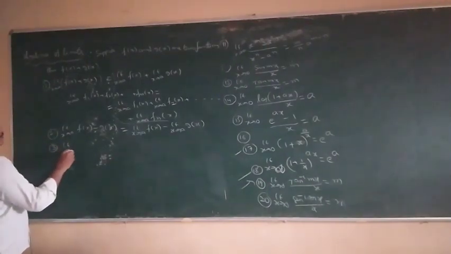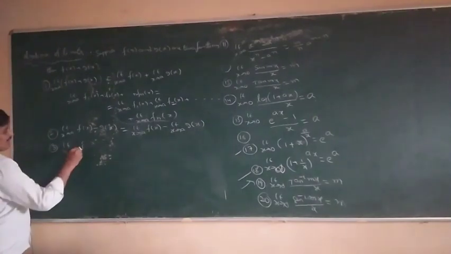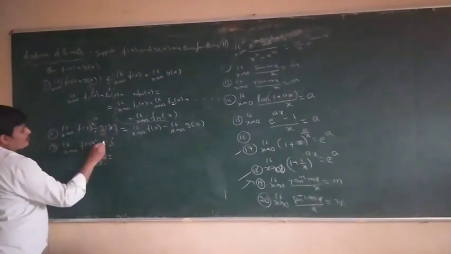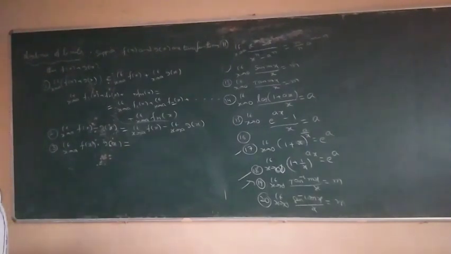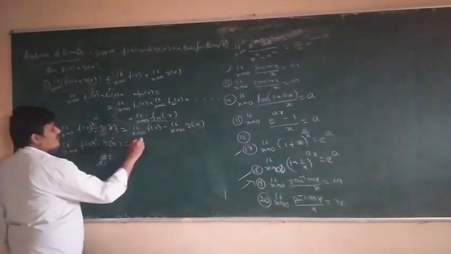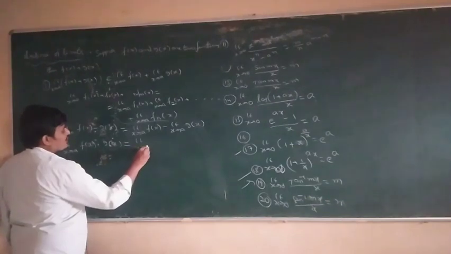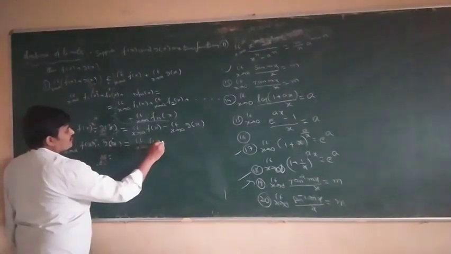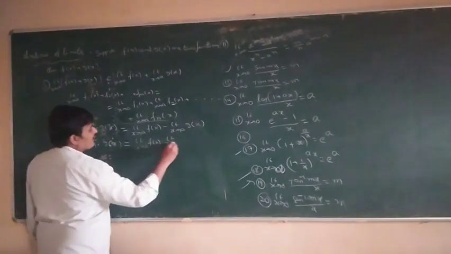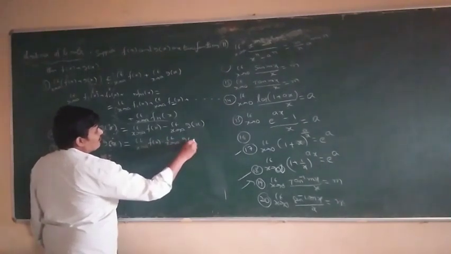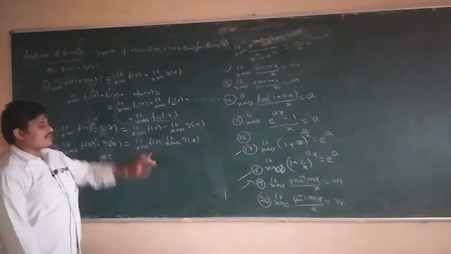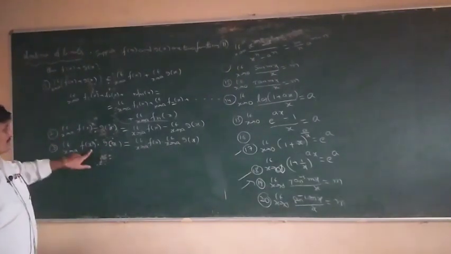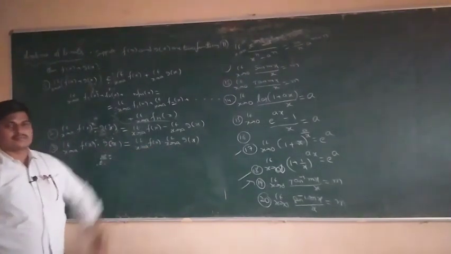Limit x tends to a f of x into g of x is equal to limit x tends to a f of x into limit x tends to a g of x. So, plus means plus, minus means minus, into means into. Separate by the limits.